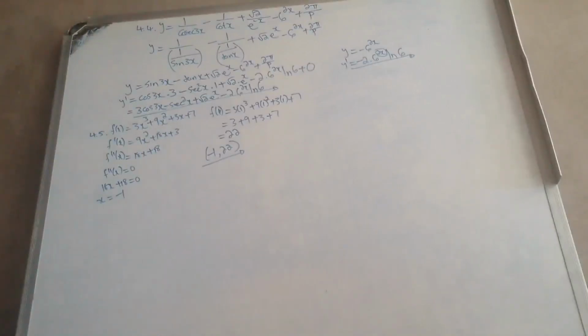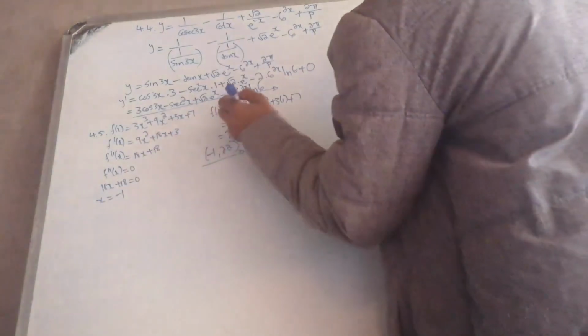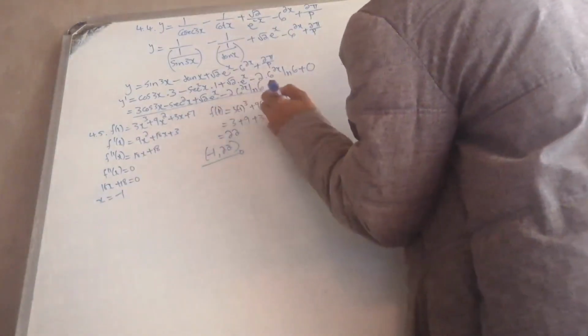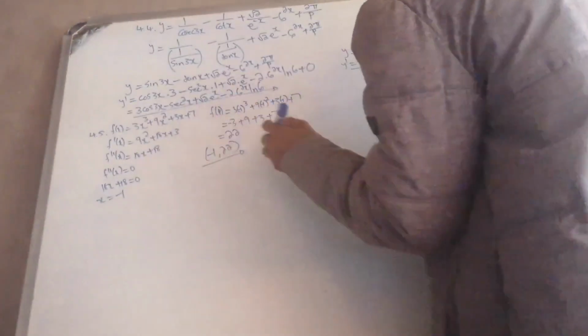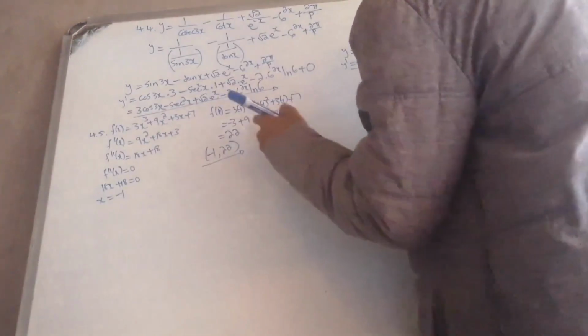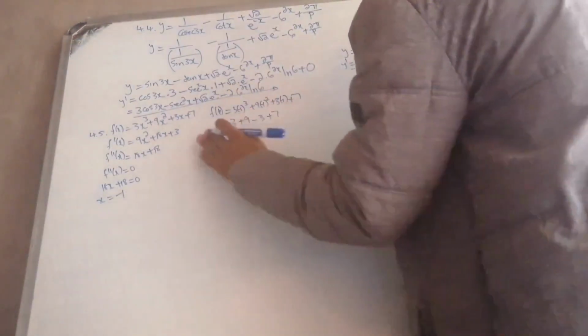As a point of inflection, if that is what is provided to us. The value is minus 1. I'm sorry. The value that we are substituting there is minus 1. So this should be minus 3. And this should be a positive. This should be a negative.